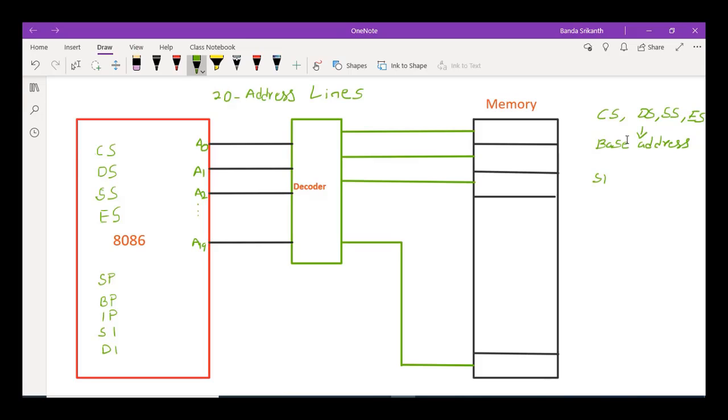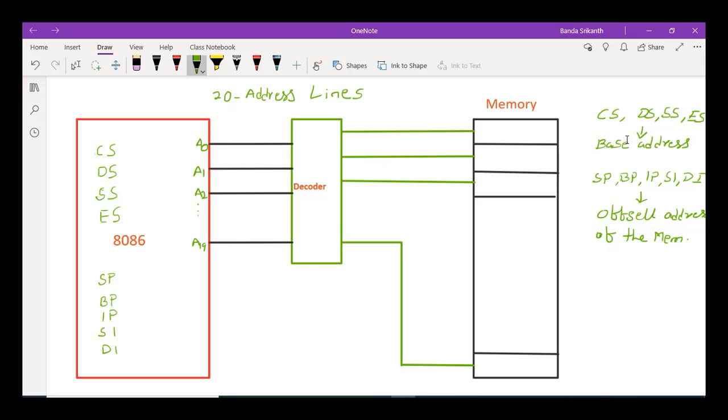Similarly, the stack pointer register, base pointer register, instruction pointer, source index, and destination index will hold the offset address of the memory. So you may ask the question, why two different addresses?